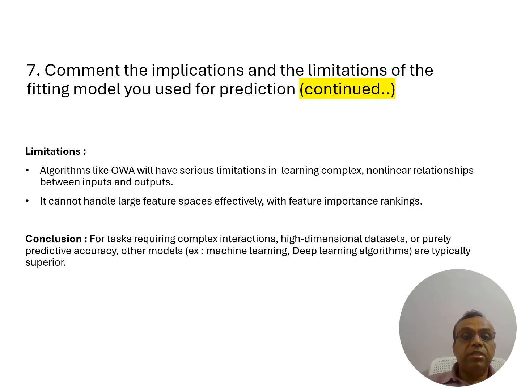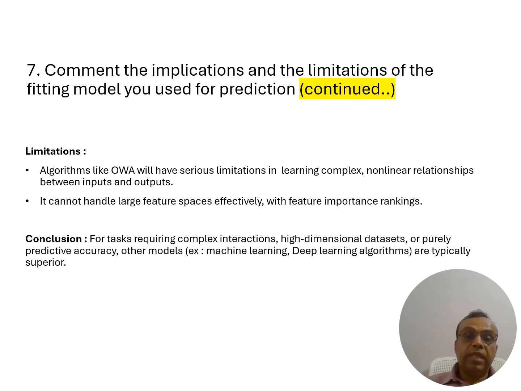Finally, on the limitation side, OWA has serious limitations in learning complex and non-linear relationships between inputs and outputs. Also, OWA cannot handle large feature spaces effectively with feature importance rankings.